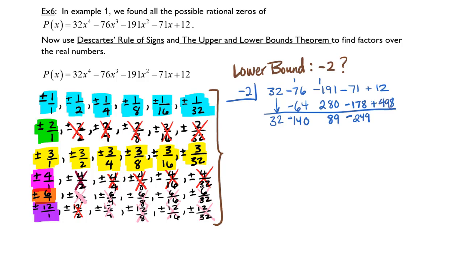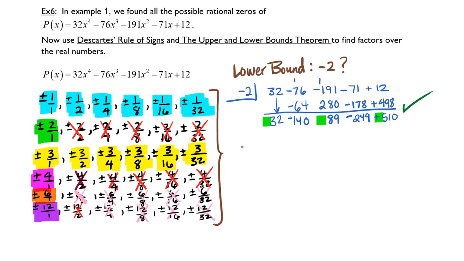Plus 12 is positive 510. Now, if you look at these, they are indeed in alternating signs, and so this is a lower bound.